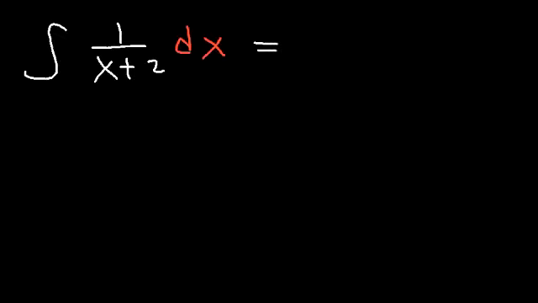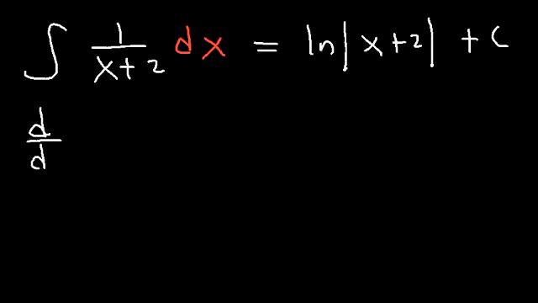Now what is the antiderivative of 1 over x plus 2? This is going to be ln |x plus 2| plus c. By the way, if you need to differentiate a natural log function, here's the equation.